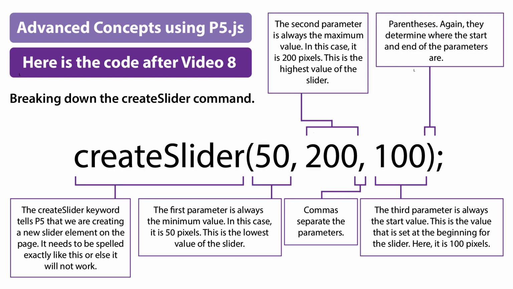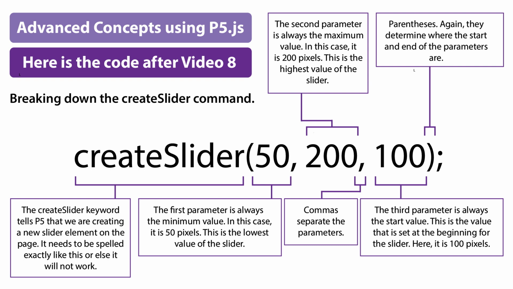Okay, so here is a breakdown of the create slider command. The create slider command needs to be spelled exactly like this. It's one word, createSlider, and the S is a capital letter. And then it has 3 parameters. The first parameter is the minimum value, the second parameter is the maximum value, and the third parameter is the start value.